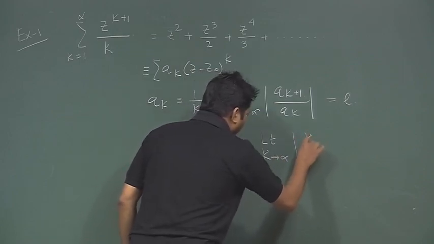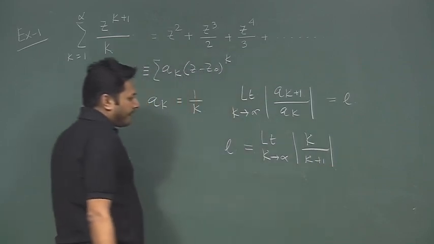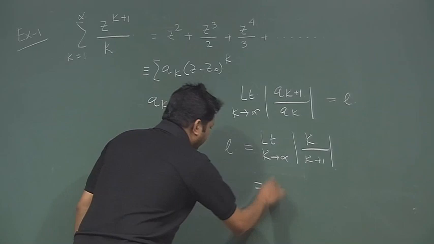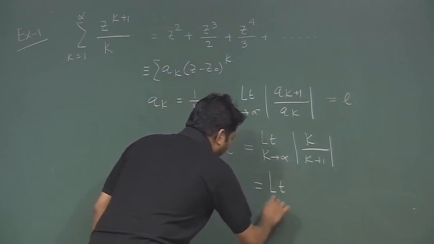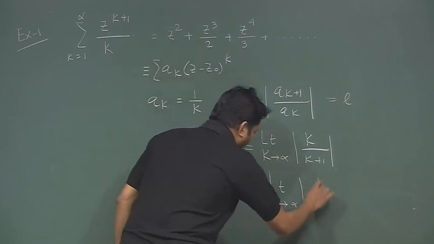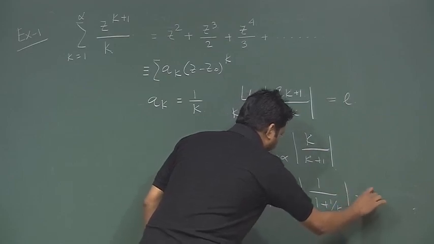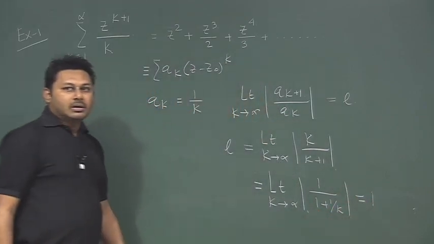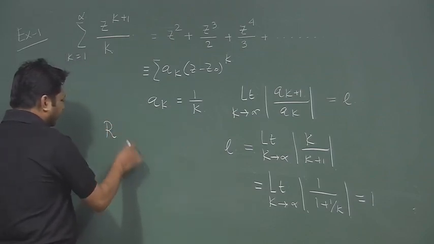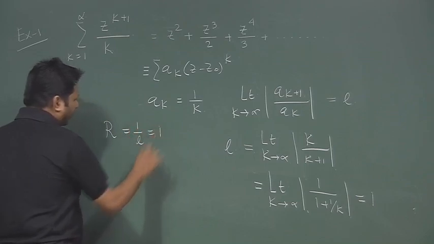So, k by k plus 1. If I take k common from both the sides and put the limit k tends to infinity, this k will cancel out. So, 1 divided by 1 plus 1/k, which is 1. So, that means the L value is 1, or the radius of convergence is 1 by L, which is 1.